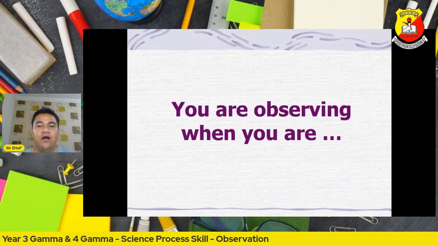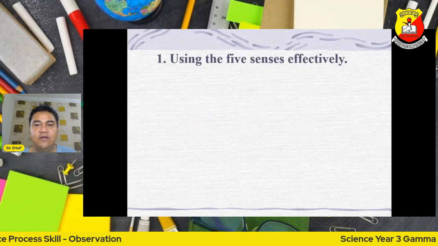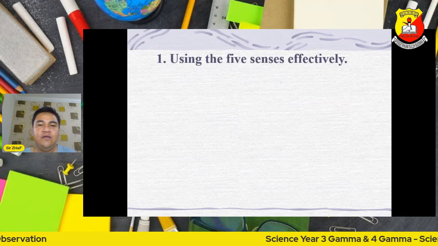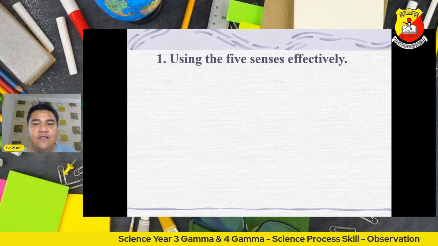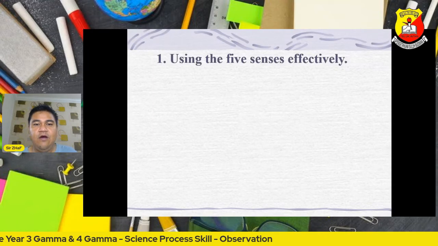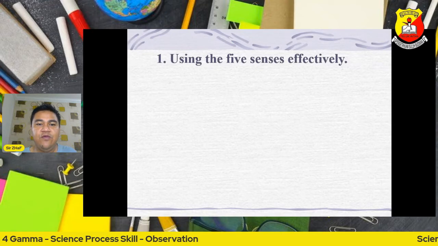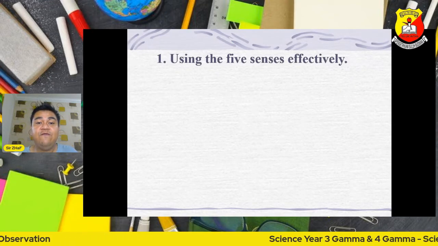You are observing when you are using the five senses effectively. Observing means that you are using your five senses, not your eyes only, your five senses.